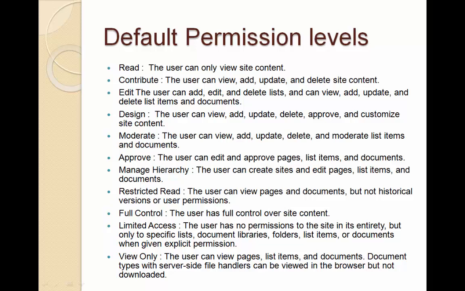With full control, the user has full control over the site content. And full control is the permission level which has been assigned to the site owners. So these are again some of the default permission levels. It's a good idea to know what these permission levels do. The book basically describes a lot of details about all these permission levels. So it's a good idea to go back and review some of these.